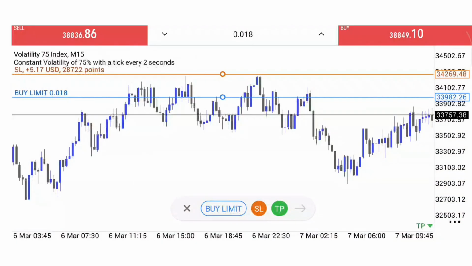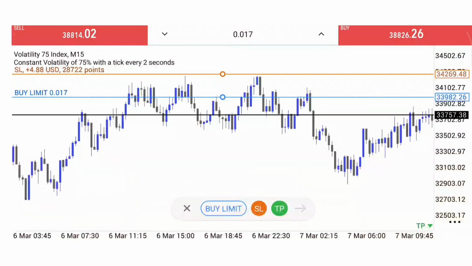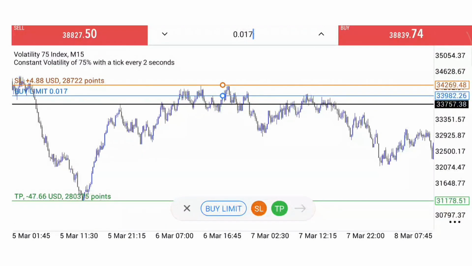Okay, let's make it 8. Right, that's too much. Let's bring it back to 7. So now we have the proper risk for this trade. That's almost $5 for the trade. And now our TP here will be $47.